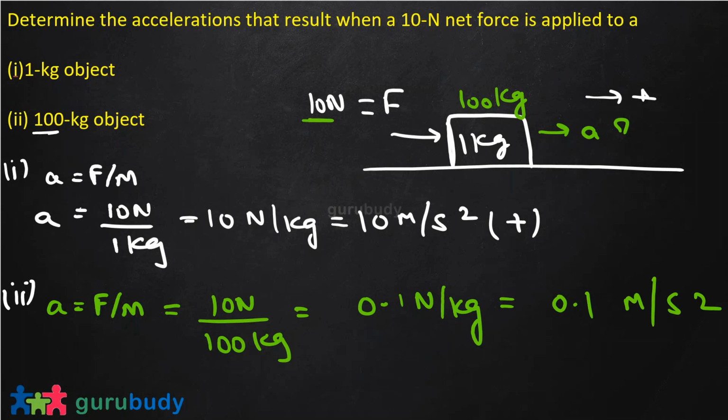Okay, so I want you to remember, for a smaller mass object the acceleration was 10, now it is 0.1. So even though you're applying the same force, based on the definition we know acceleration is dependent upon the mass. So the more mass an object has, the less acceleration it would have for the same force.